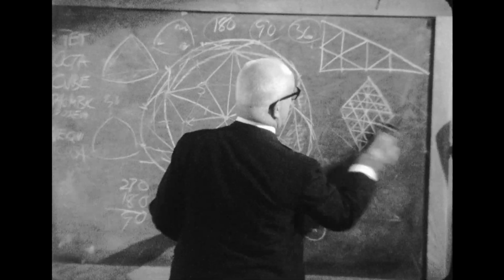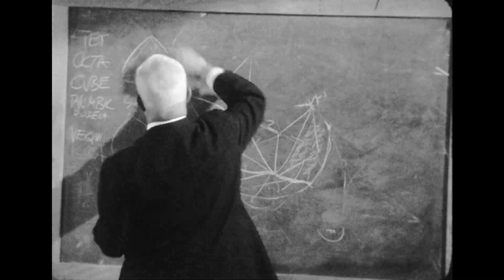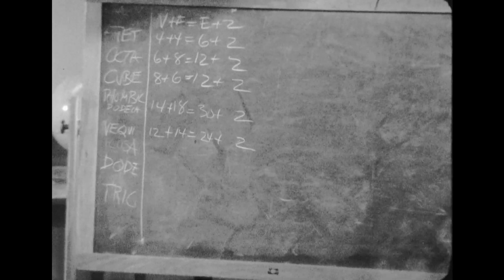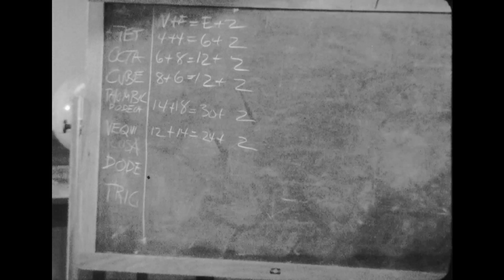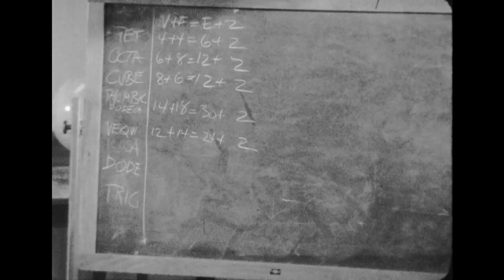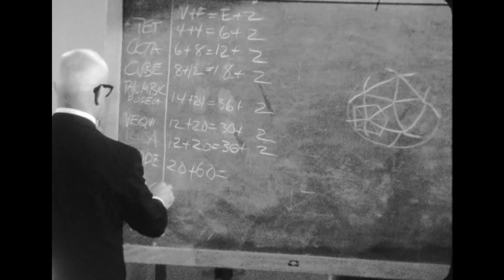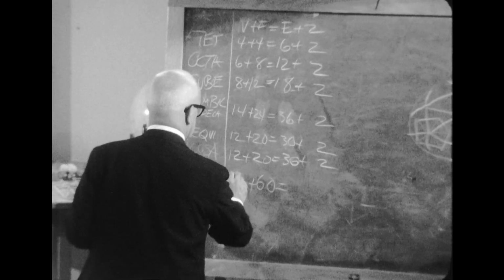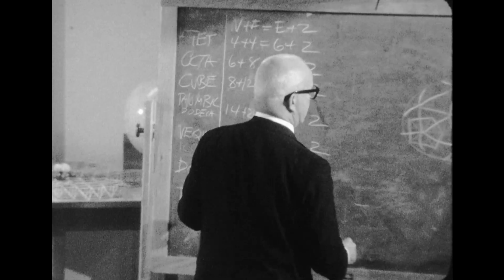What is the dodecahedron? You now recognize in a minute. And so I'm going to have to put a triangular diagonal on each. So dodeca has 32 vertexes. And how many faces? It has.